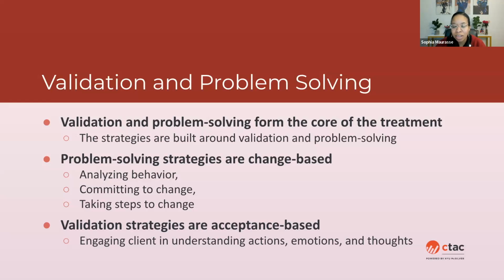That could be everything from noticing that they maybe had a hard time sleeping the night before, which made them more vulnerable, leading up to an argument with their mom about being late for school again, leading up to feeling hopeless and helpless and fearing the consequences, engaging the behavior, and then looking at the cost of this behavior. So analyzing the behavior is a strategy that is very change focused.